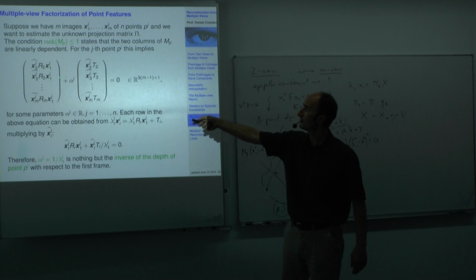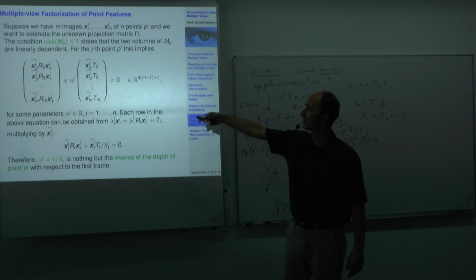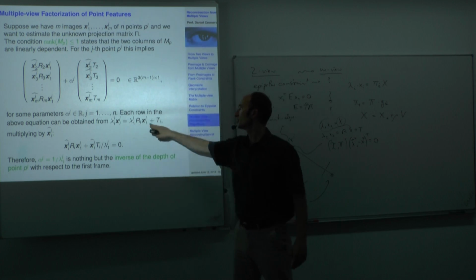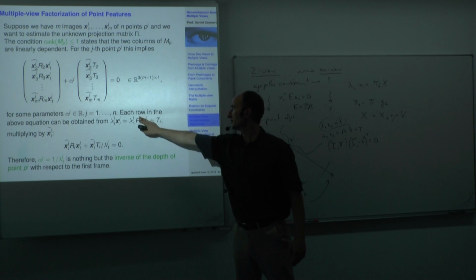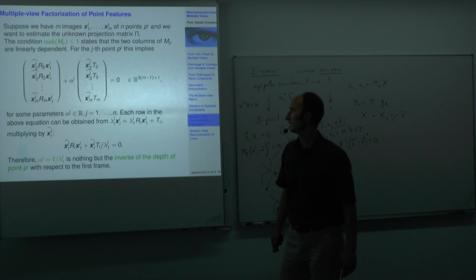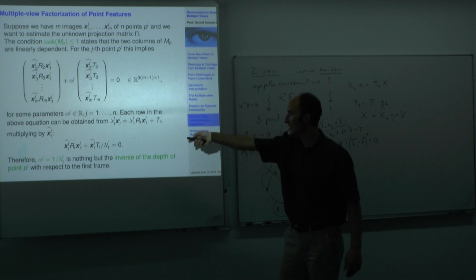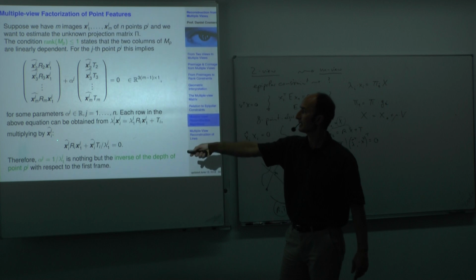And if you look at the individual rows of this equation system, you can obtain these rows also by looking at these projection equations, right? This is the projection equation coupling the projection of the point in the first image and the point in the i-th image. Point j in the first image, point j in the i-th image, and this constraint couples the two. And if you multiply by xij hat, you get this equation.